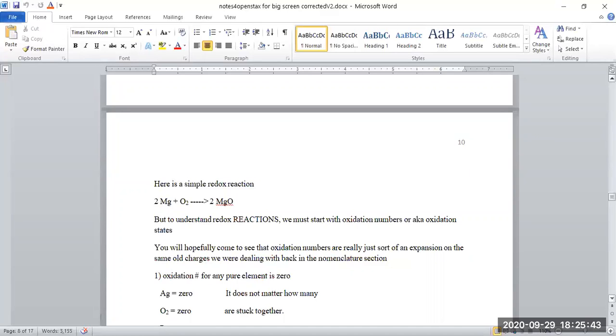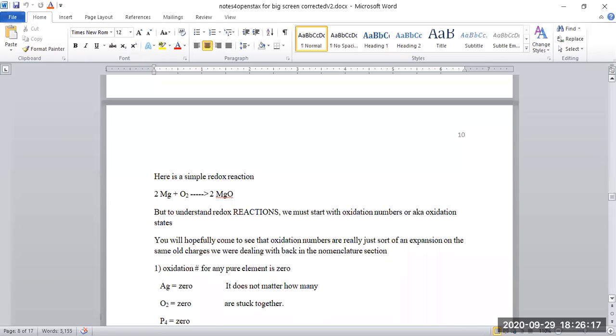Oxidation numbers are kind of like the charges that we've already seen, except it also gives you some extra options that we kind of took on faith before. We did things like look at the polyatomic ions, things like sulfate, and said, just take it on faith that SO4 is -2. Just kind of believe that for right now. We'll tell you why later. Now we're beginning to get to the why.